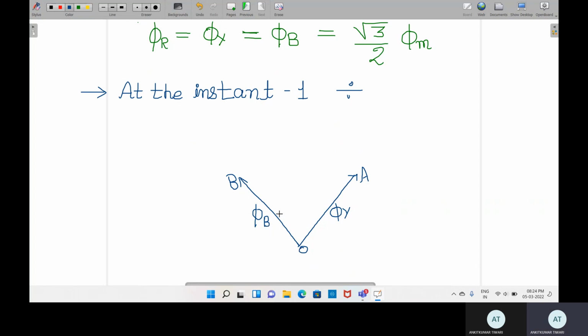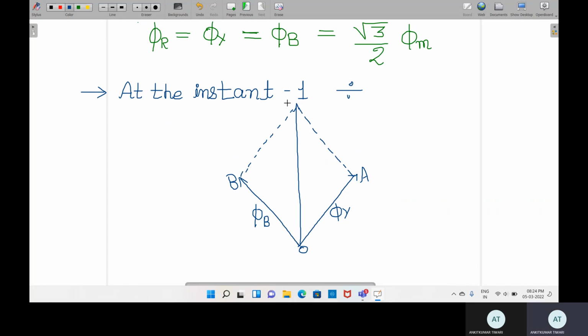Now we will take the resultant of it. To take the resultant, we have to draw one straight line perpendicular to the O. When we take one line perpendicular to the O, it will be drawn like this.